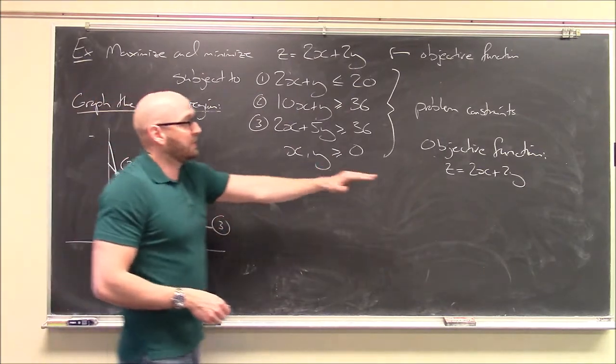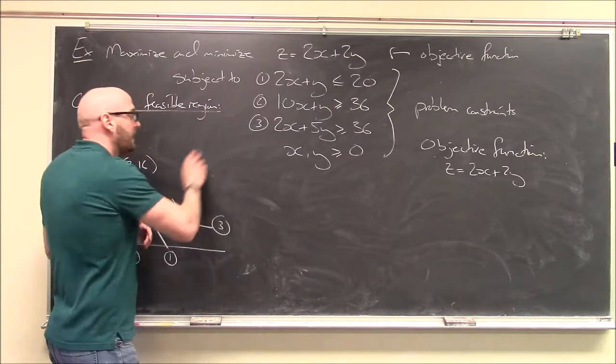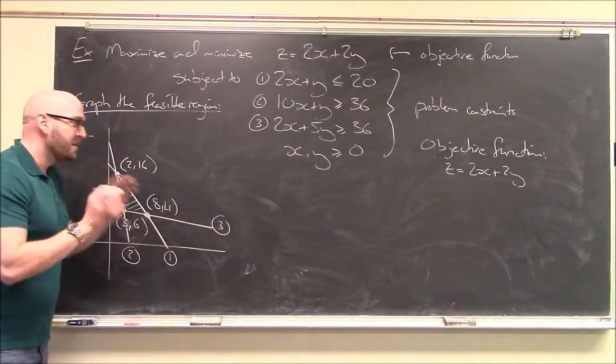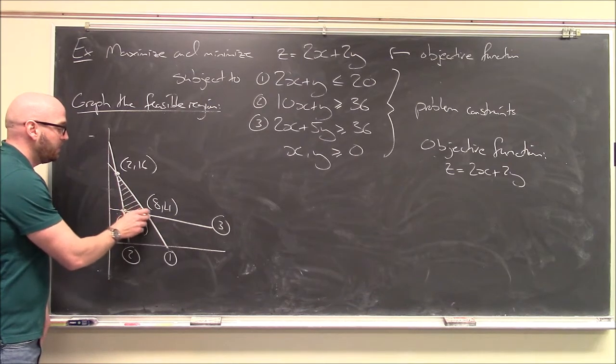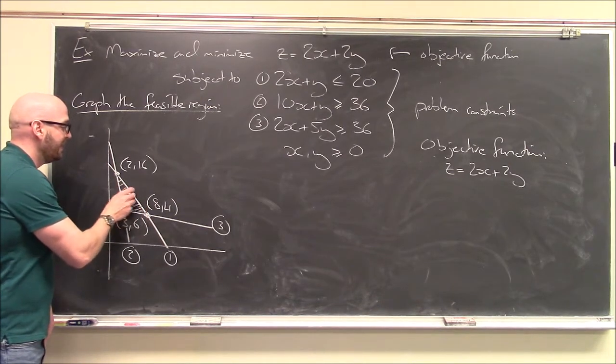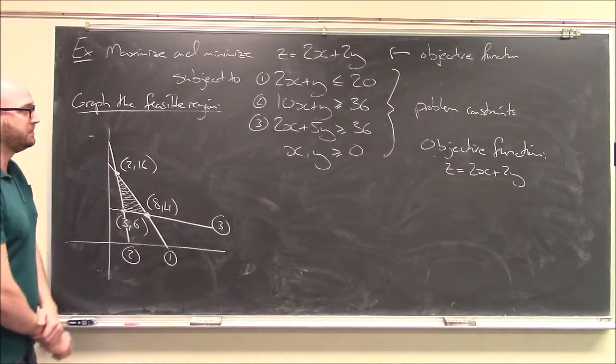Well, of course, if I want this to be as big as possible, you would just take x and y to be as big as possible, right? You just take huge values for x and y, that makes that function really big. But we want to do something more complicated than that. I want to find points that live only in this feasible region. Which points in this feasible region make that function as big as possible?